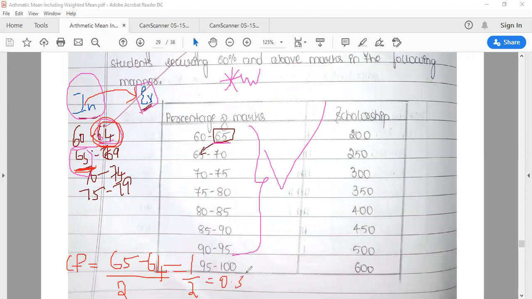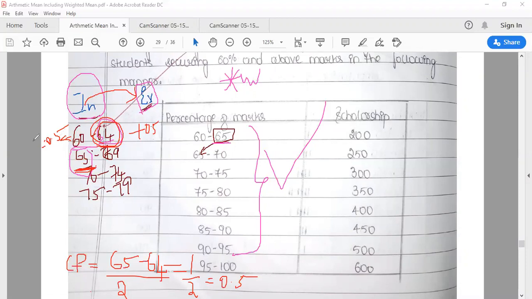Now once I get the correction factor, what should I do? Subtract the correction factor, 0.5, from the lower limit, and add the correction factor to 64. So on one side you subtract, on the other side you add. Once you do this, you will get a continuous series again.